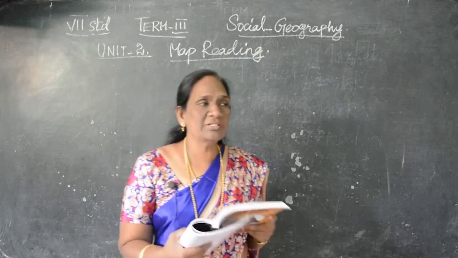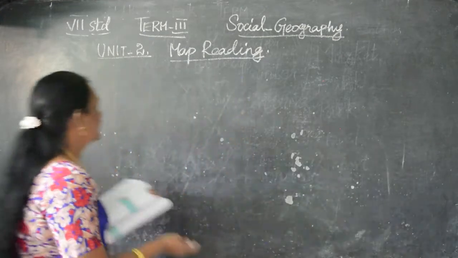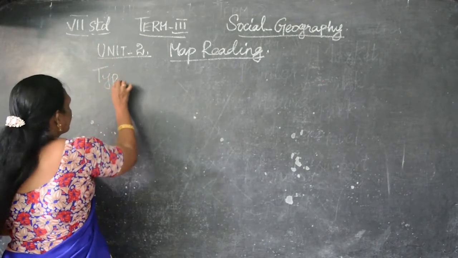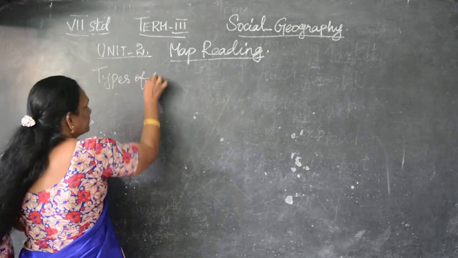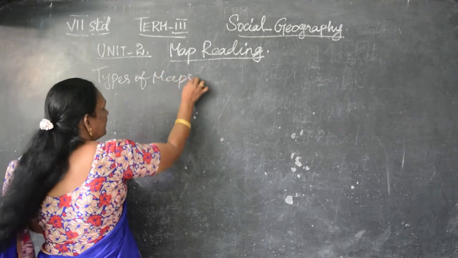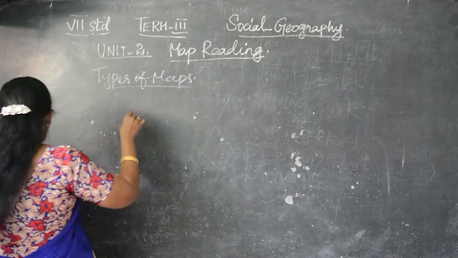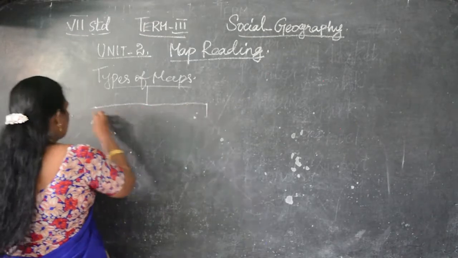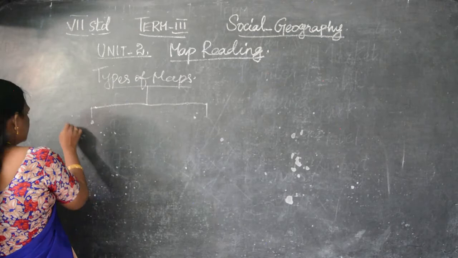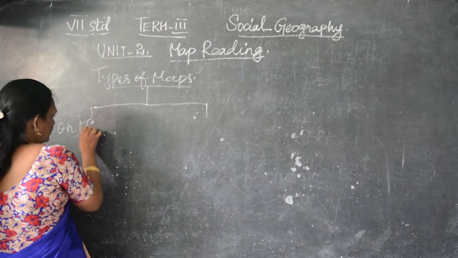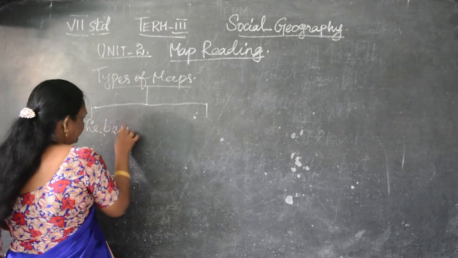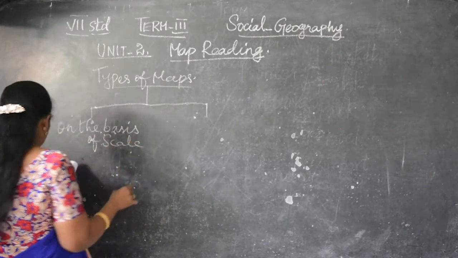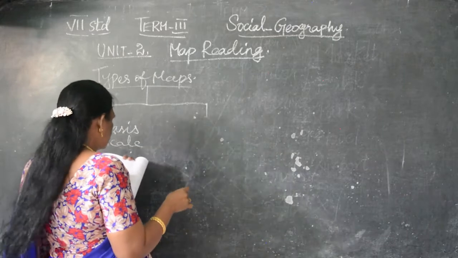Now we are going to see about the types of maps. Here, broadly, maps are divided into two types. They are on the basis of scale and on the basis of content.